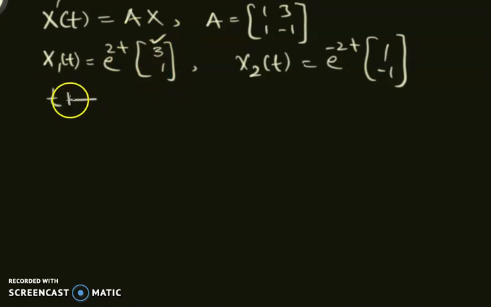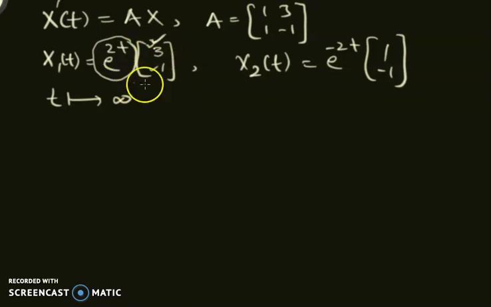As t goes to infinity, this quantity will explode. In other words, this quantity will go towards infinity, and this way both of these quantities will be moving towards plus infinity. What does this mean?